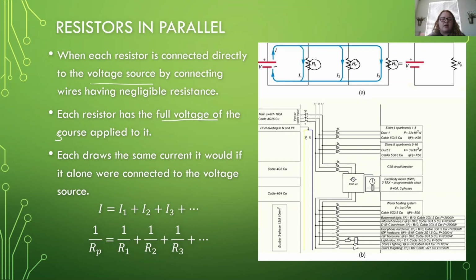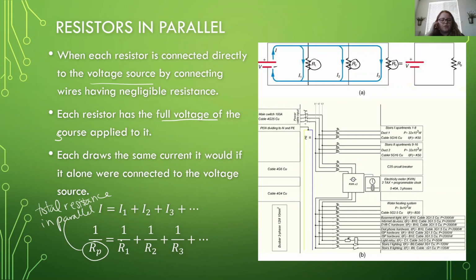Due to some details that I'm leaving out, our overall resistance is going to be equal to 1 over R sub P. This R sub P here is our total resistance in parallel.